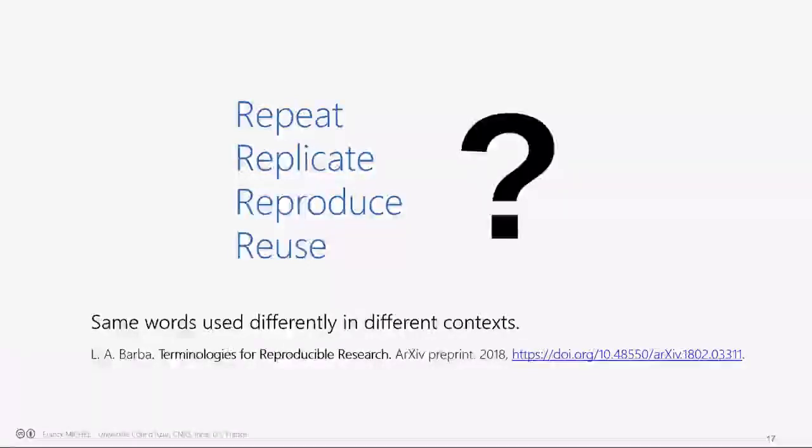It's not the only one. In particular, the second and the third, replicate and reproduce, are sometimes switched in the definition. The ACM web pages dedicated to open science and reproducibility use the exact opposite definitions for replicate and reproduce. So just be aware of that. Not everybody agrees about the terms, but the idea remains the same.